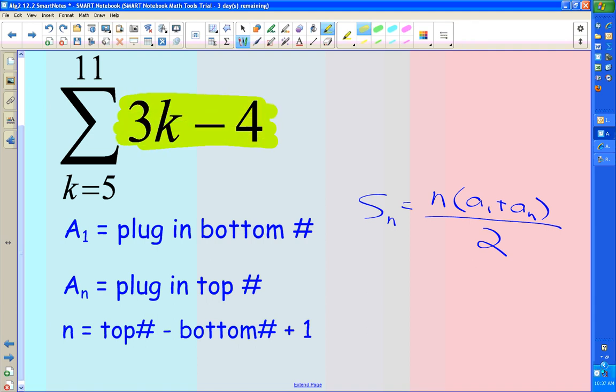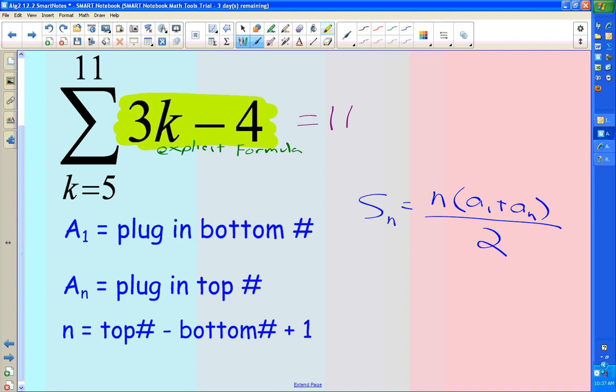This highlighted formula that's to the right of the sigma is always your explicit formula. Always. So you're going to take the 5 and plug it in right here. What's a sub 1 going to equal? 11.